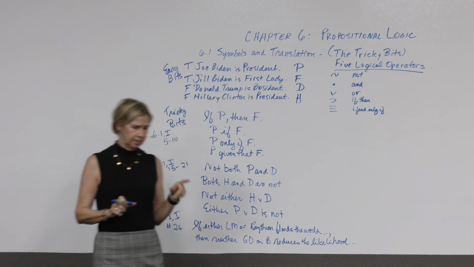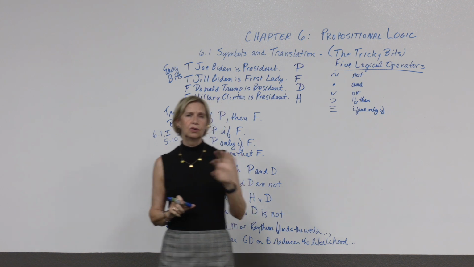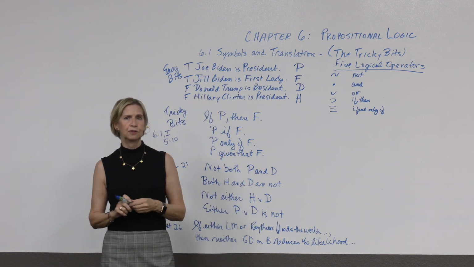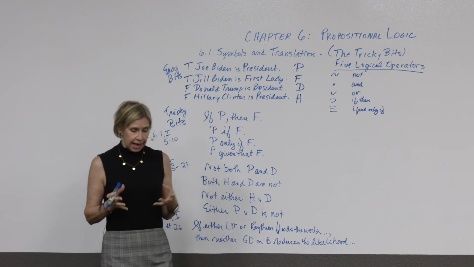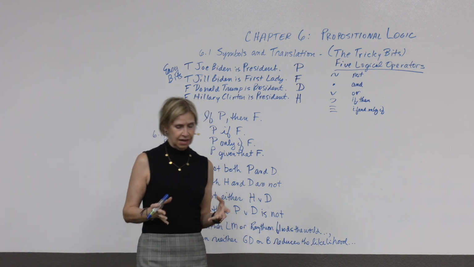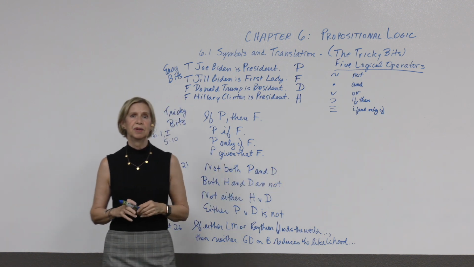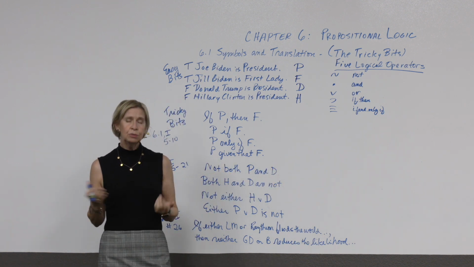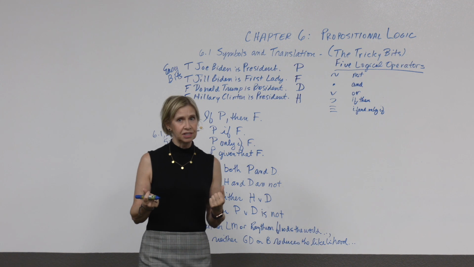Now, I do want to say one thing. In section 1.4, you learned about the underlying symbolization for categorical logic, categorical syllogisms. And in those instances of categorical logic, which we're skipping over, that's chapter 4, if we were symbolizing categorical arguments, the fundamental element is a subject or predicate term.